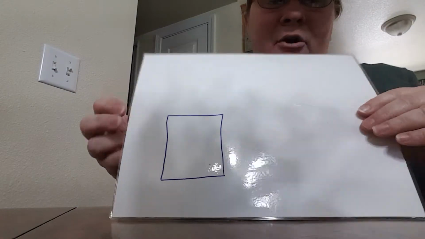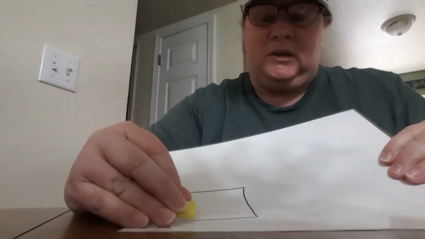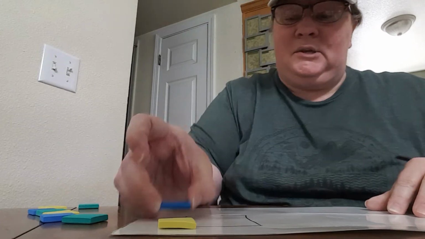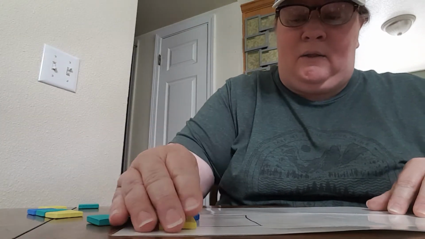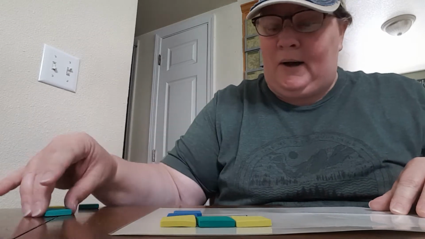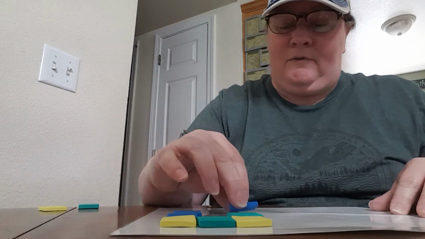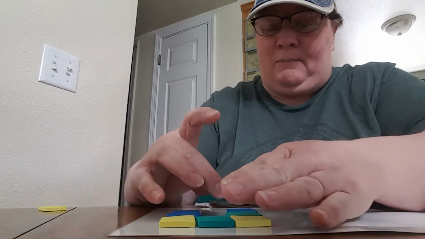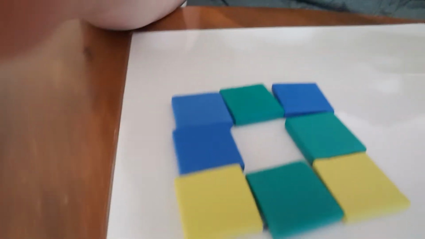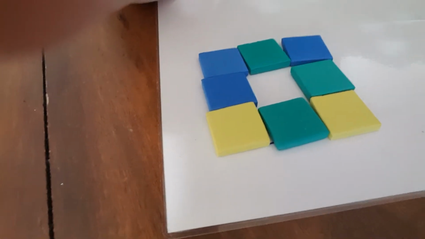You could do a letter, and then you can use these to make that shape. So you drawing it on the paper for them just gives them an outline to go by in order for them to make the shape or the number or the letter or whatever it is you happen to want them to do. So I made a square. Here's my square. Okay, so you could do those kinds of things with them.